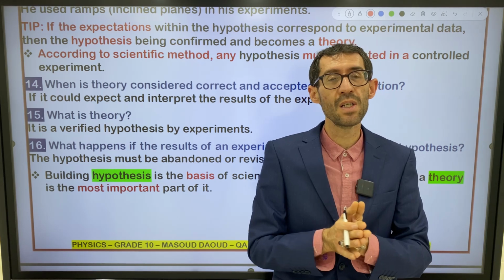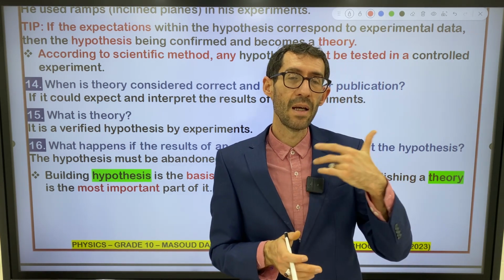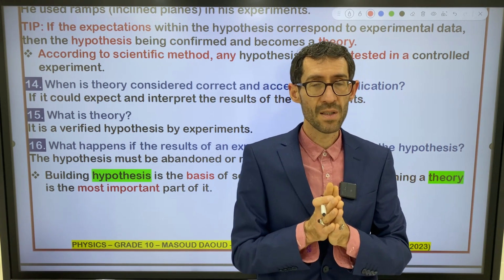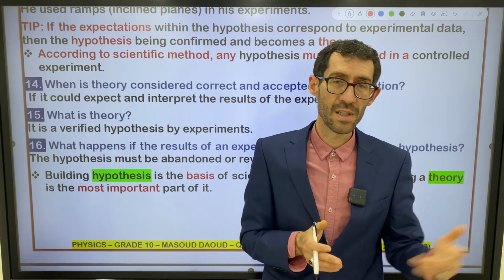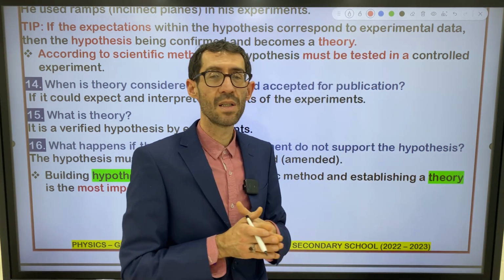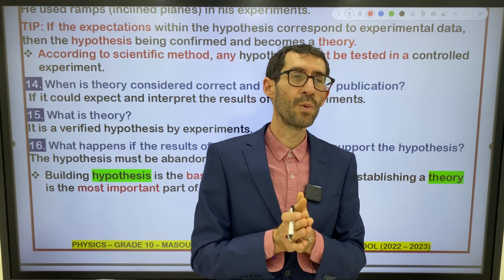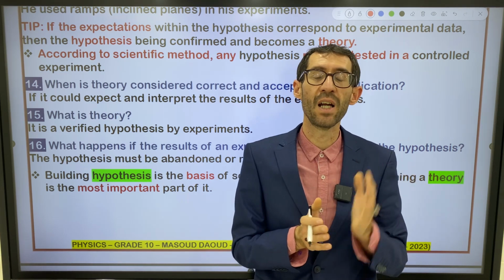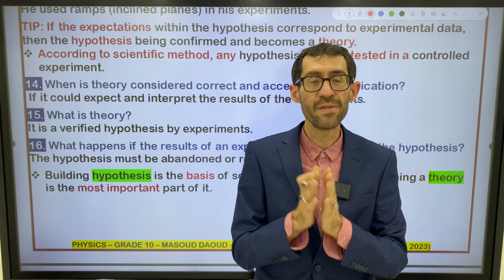That's why in this situation the hypothesis turns into a theory, right? So a hypothesis turns into a theory, and I can name the theory as a verified hypothesis. Theory means verified hypothesis.